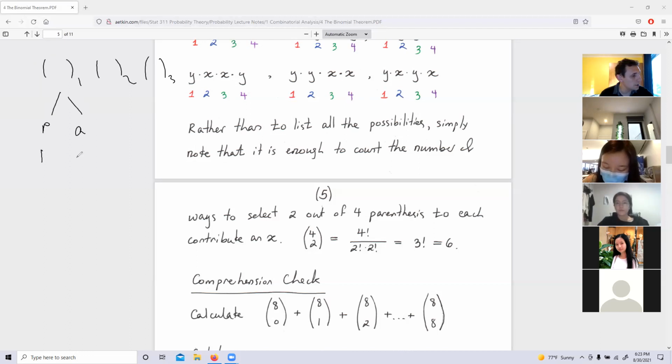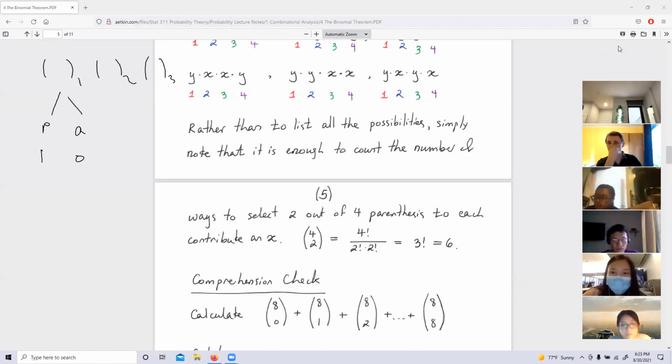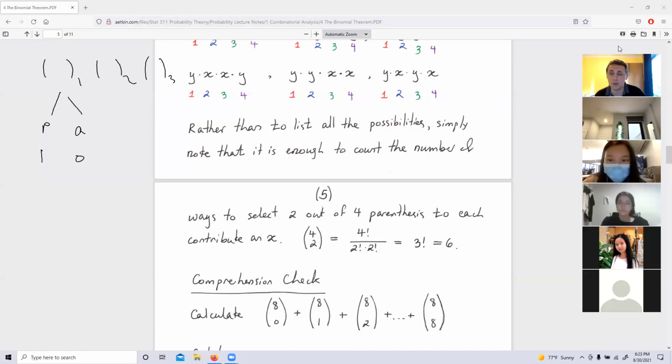Either 1 or 0, yes? So what is 8 choose 0? That means that no student came to my class. 8 choose 1 means 1 student came to my class, right? 8 choose 2 means 2 students came to my class, and so on, right? 8 choose 8 means I have perfect attendance.